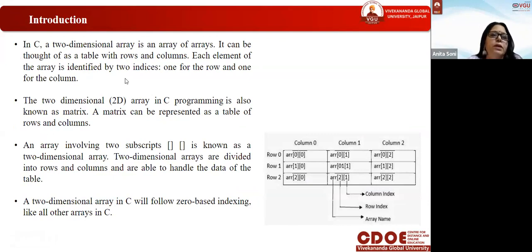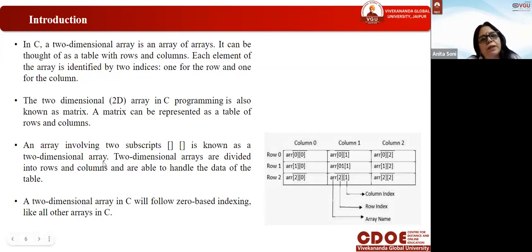Because it is represented by two subscripts. So if you declare 2D array by two subscripts, you can identify whether it is 1D array or 2D array. If there is one subscript, one index, it means 1D array. If there are two indexes, it means 2D array.